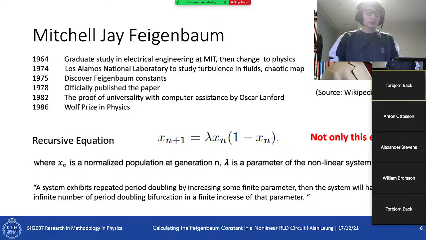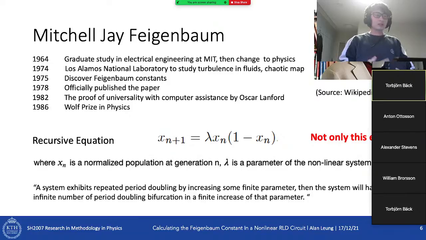This phenomenon was discovered by Mitchell Feigenbaum. He studied electrical engineering at MIT and then changed to physics. Ten years later, he worked at Los Alamos National Laboratory to study turbulence and fluids. There was an opportunity for him to study chaotic maps, like the logistic map.